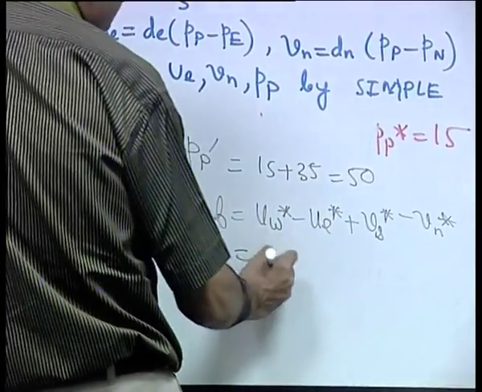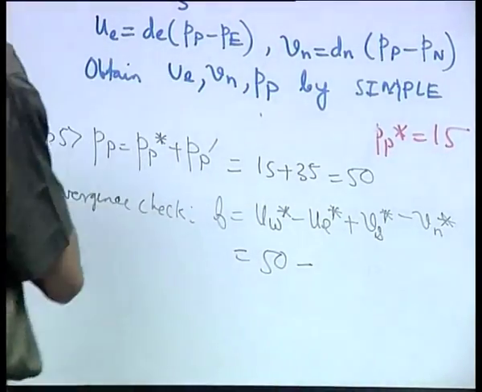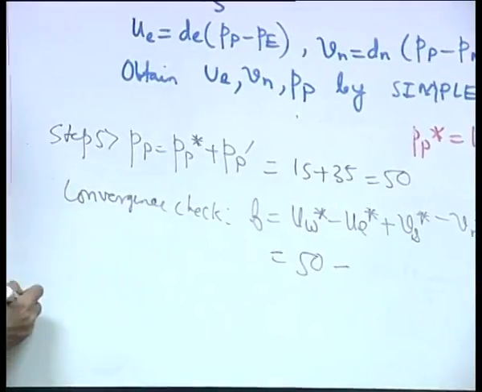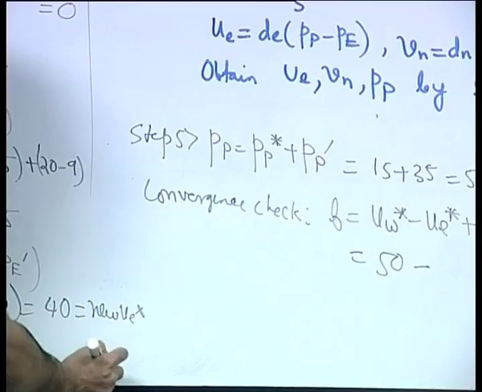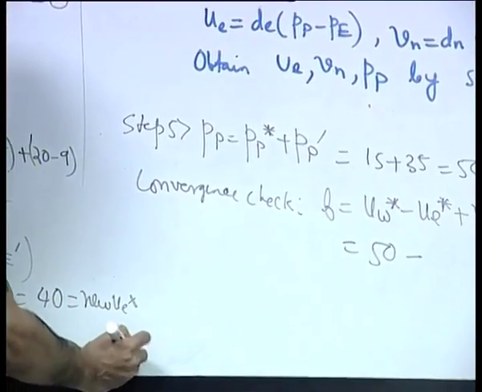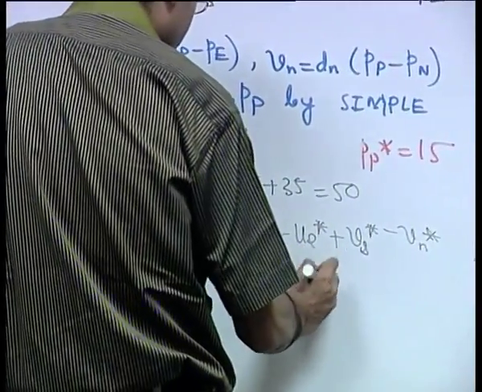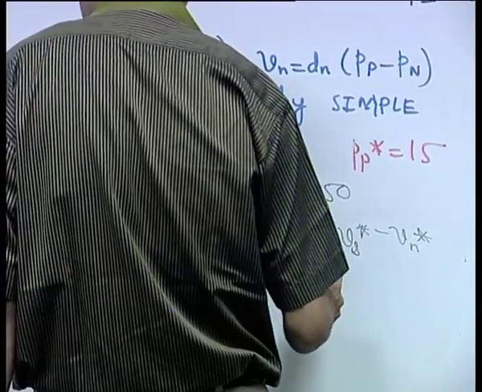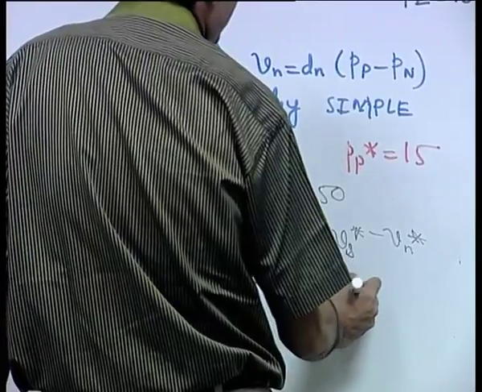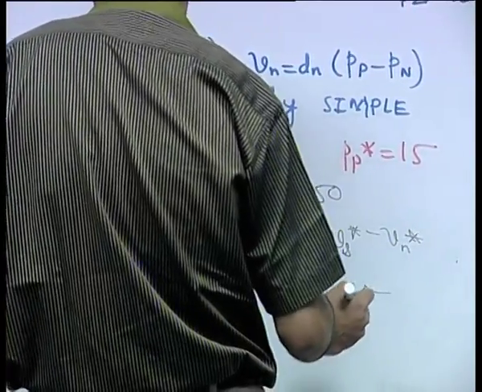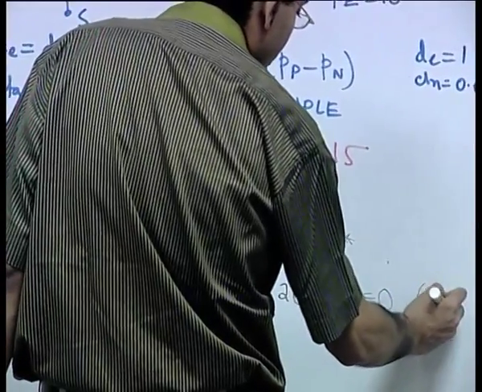UW star is 50, that is given, minus the new UE, and this is the new VN. So, UE is 40, VS is 20, minus Vn is 30. So, this is equal to 0, that means it has converged.